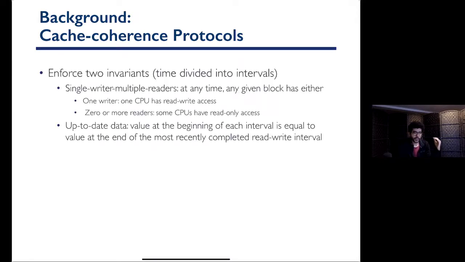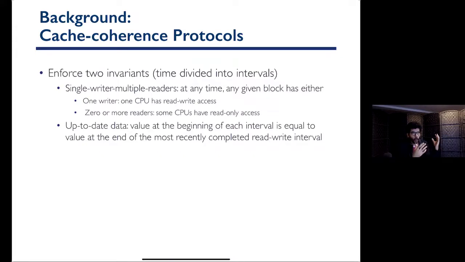So the big picture is that any protocol that wants to keep caches coherent has to implement two invariants. The first one is that you need a single writer, and you could have multiple readers. This is very similar to that lock that we talked about. As long as everybody is reading, it's fine to have multiple copies of the data, and you can have multiple CPUs simultaneously accessing the data if they all want to just read.